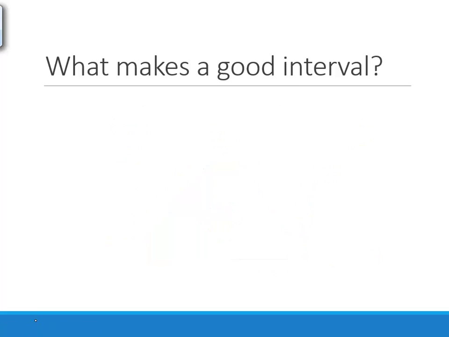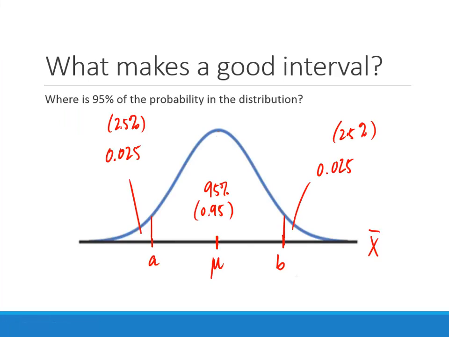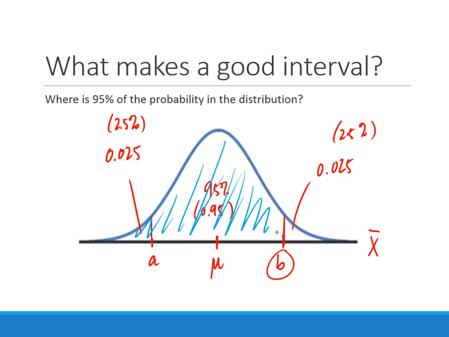I want to find B such that the area below it is 0.975, or I could also find this area here such that it is again 0.025.